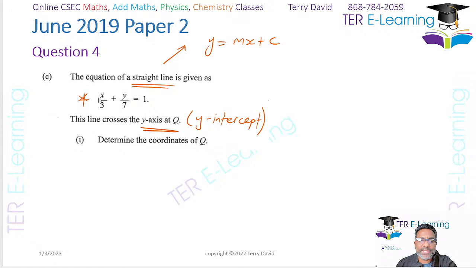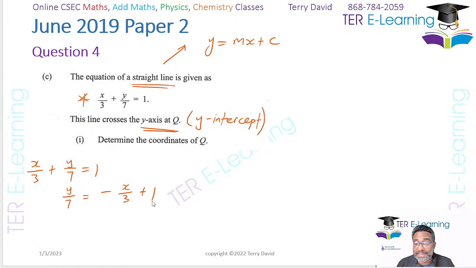So I need to start off with the equation they gave me, which is x over 3 plus y over 7 is equal to 1. I need to transform this equation. I'm going to carry that x over 3 across to the right hand side, so you end up with y over 7 is equal to minus x over 3 plus 1.